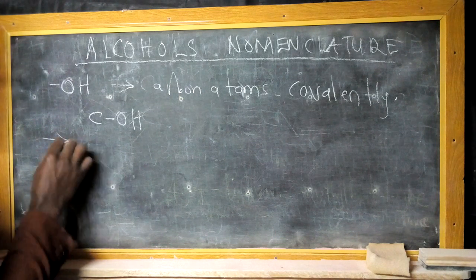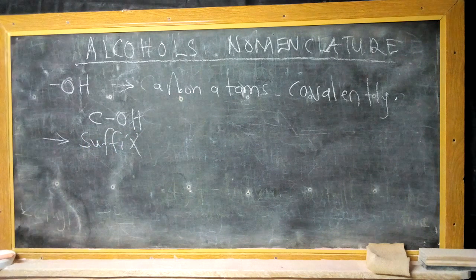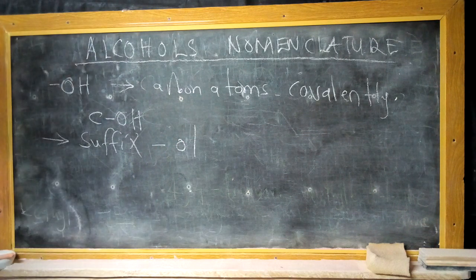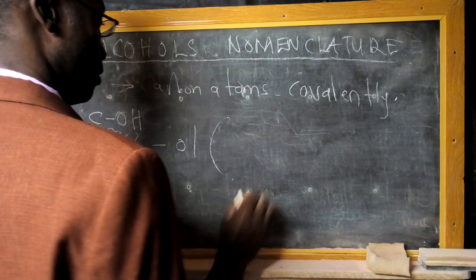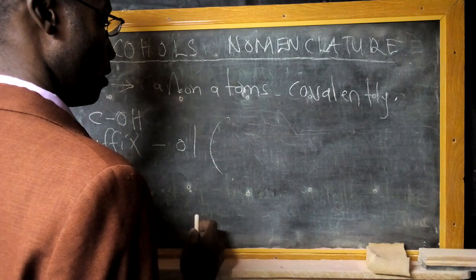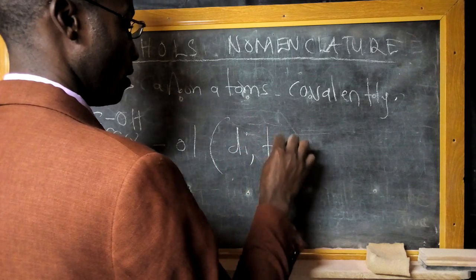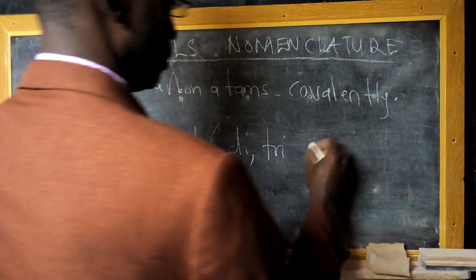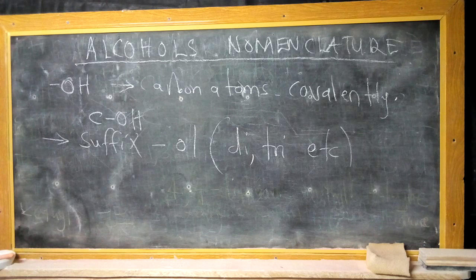The suffix for alcohols, this is the ending of alcohols, generally ends with OL. And if we have two molecules of that functional group, then we shall have to designate them with the terms di, tri, etc. to indicate that there are more than one of the same functional group.